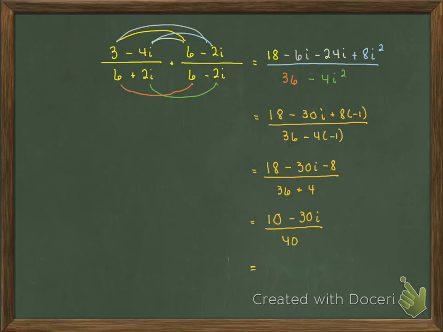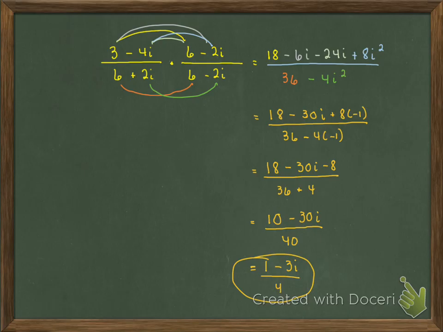So everything, 10, 30, and 40, is divisible by 10. So 10 goes into itself once. 10 goes into 30i, 3i times, and 40 is divisible by 10 4 times. So that is the most simple version of our answer.